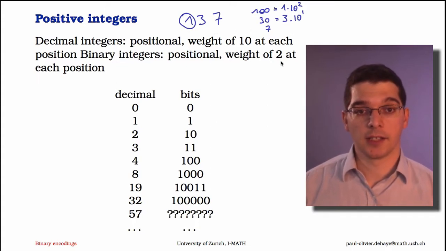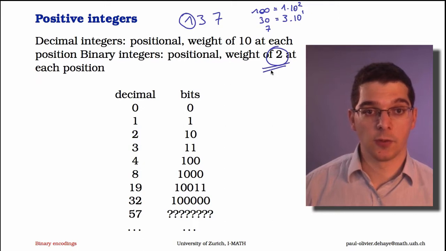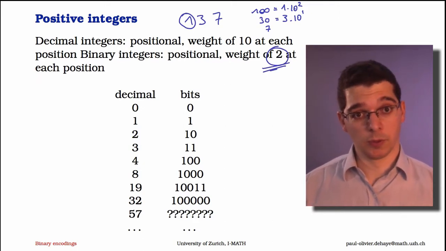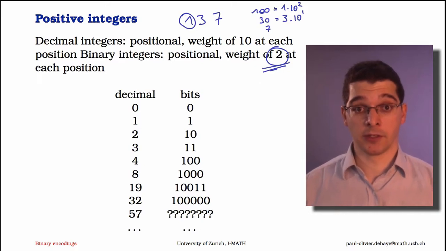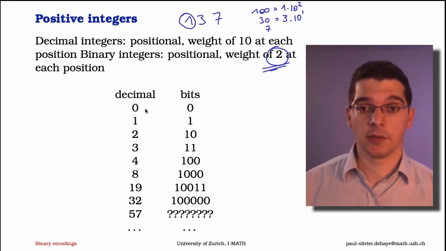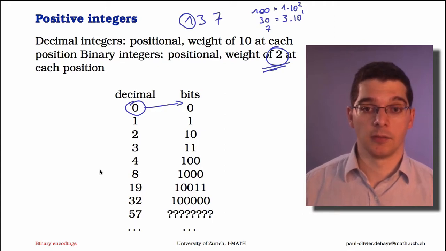Now, binary is exactly the same, except that now the weight is 2, and again, it's dependent on the position. So the weight of each digit will be dependent on its position and will be a power of 2. The simplest number that we can express in binary is 0. So 0 in decimal notation corresponds to 0 in binary.